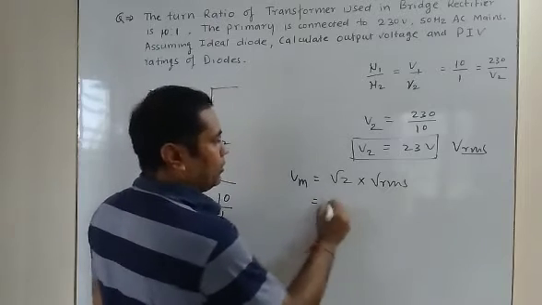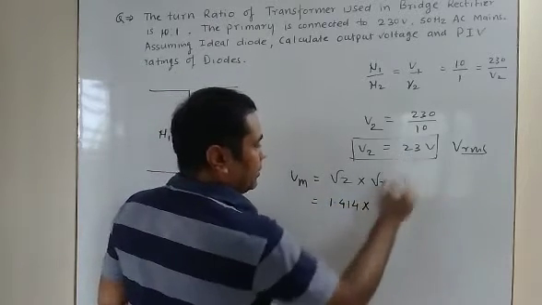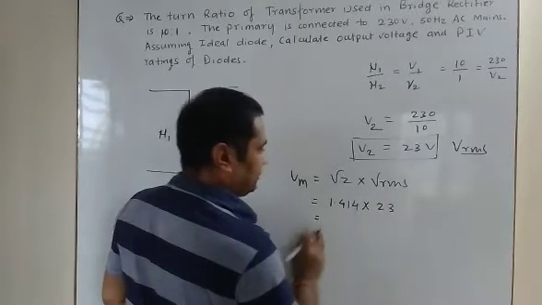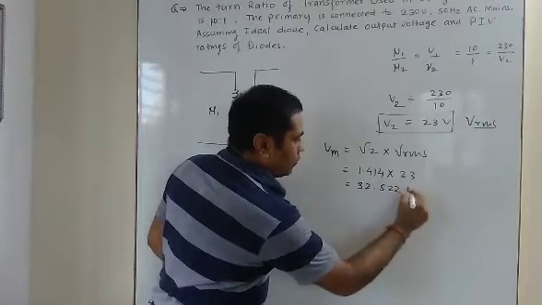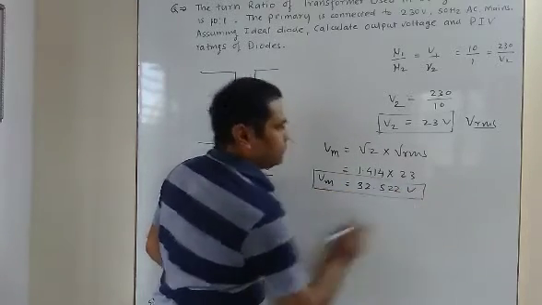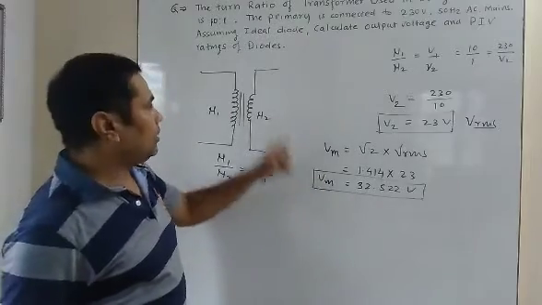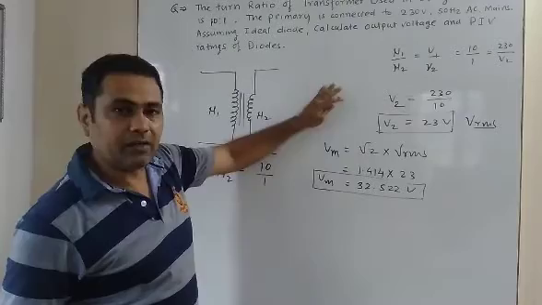So it will be 1.414 multiplied by 23, which is 32.522 volt. So this is the max value. Now this max value appears as an input voltage for the bridge rectifier.